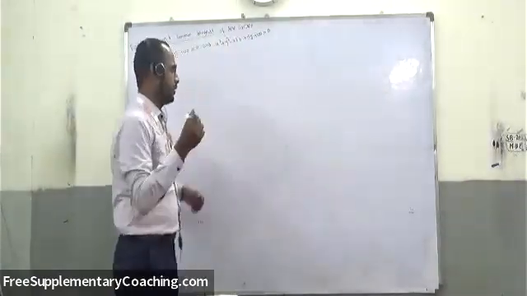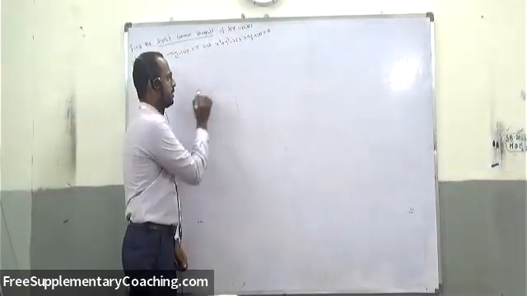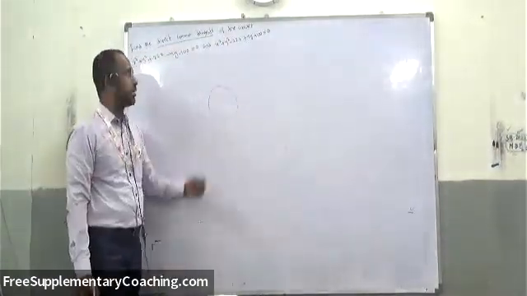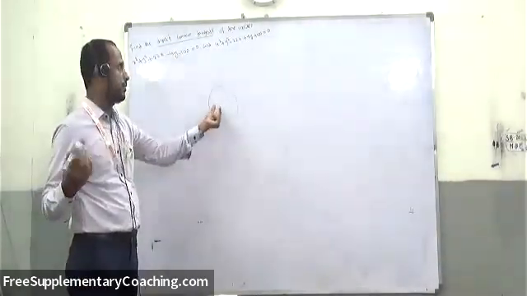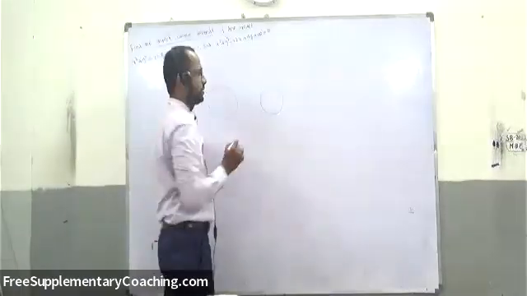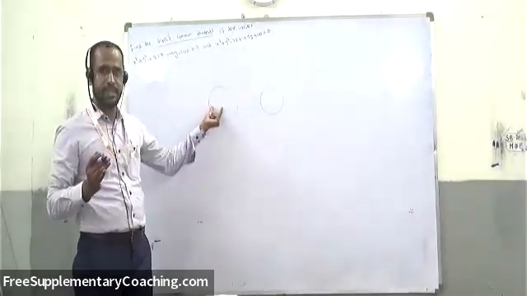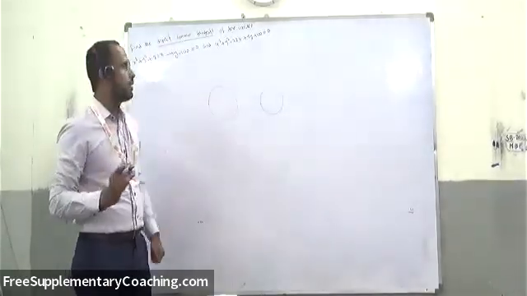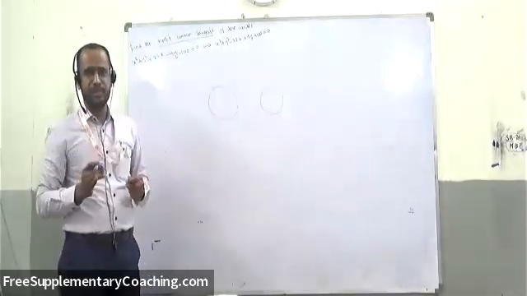Here, for example, we are having a circle. For the first equation of circle, imagine this is the circle, and we are having another circle, maybe of radius equal to or less than the first radius. These two circles are away from each other.